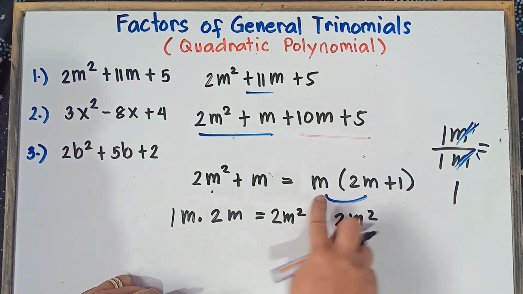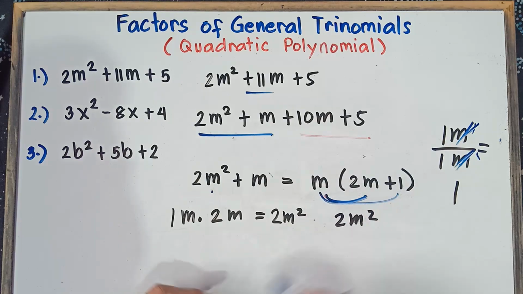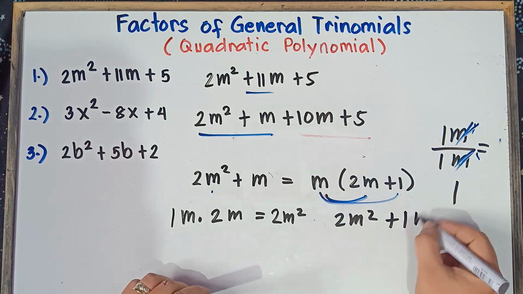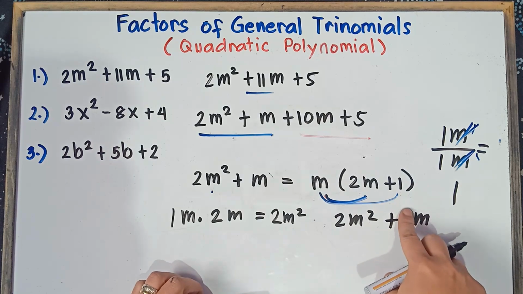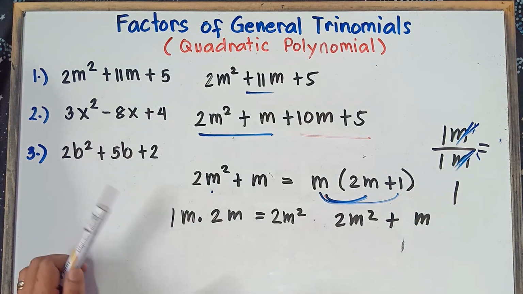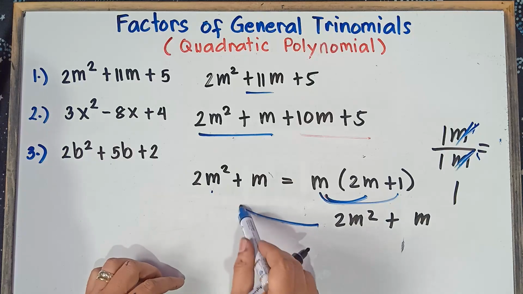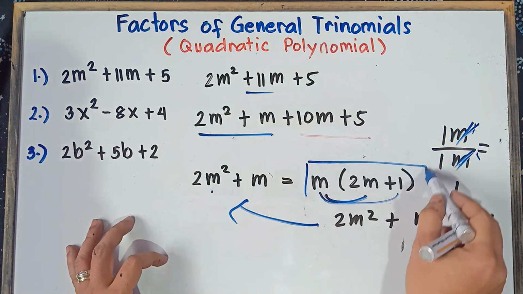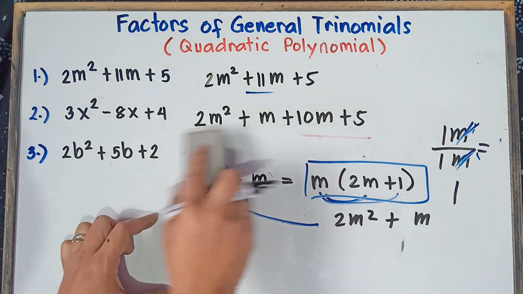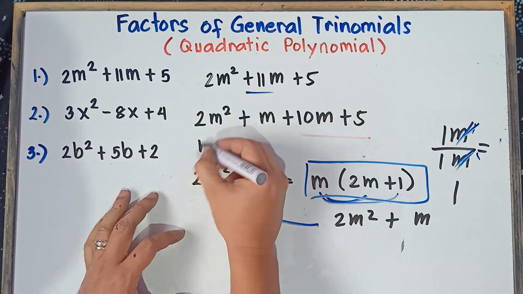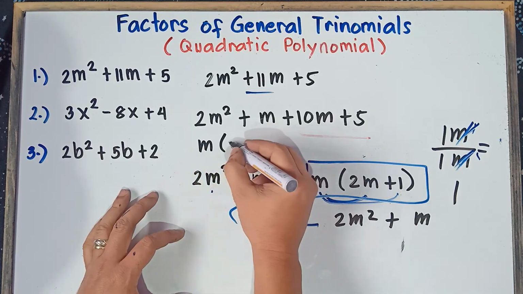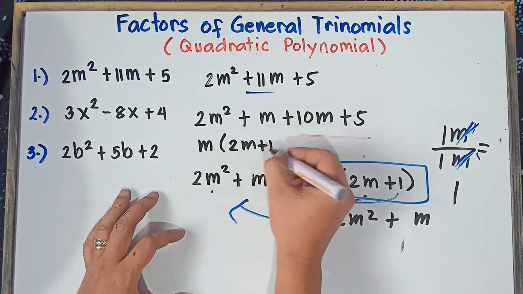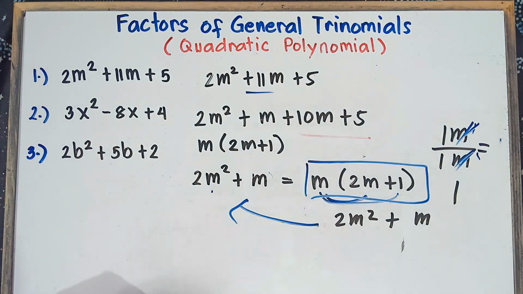And then m times positive 1, that would be positive 1m, or we can just simply write m. Yup, you will have the same answer, class. So therefore, class, you factor it out correctly. So our factors, class, we have m, and then open parentheses, 2m plus 1, close parentheses.